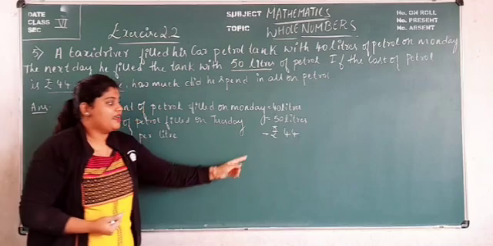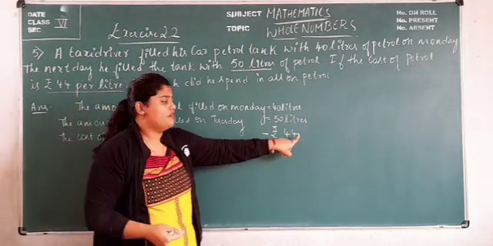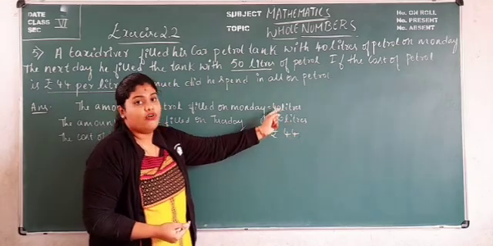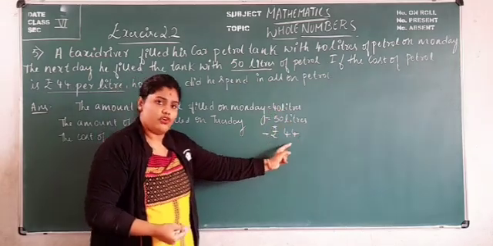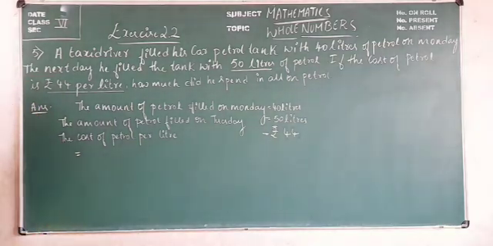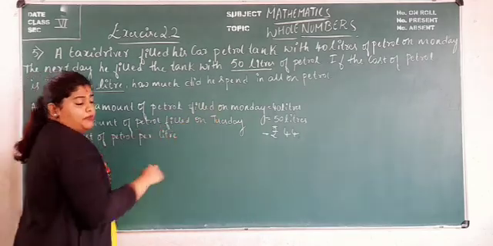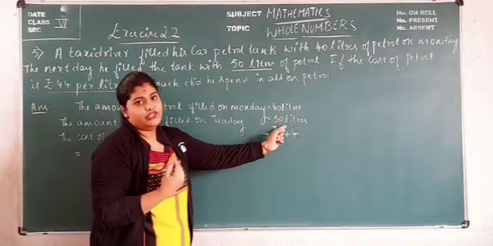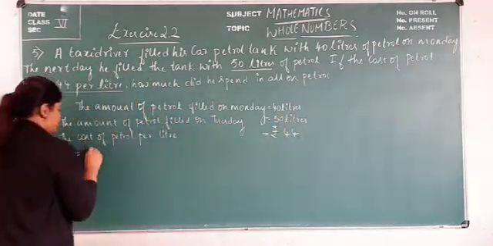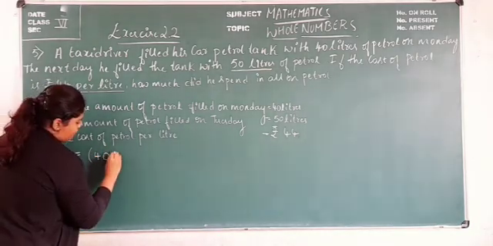Then I can multiply with the amount per liter. So I will write 40 plus 50.